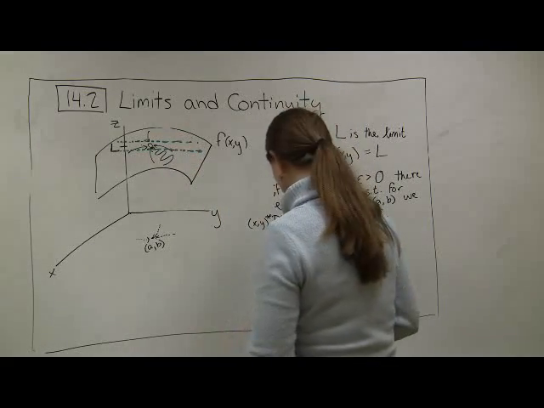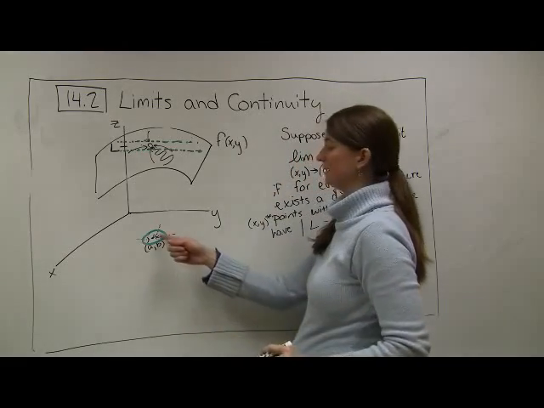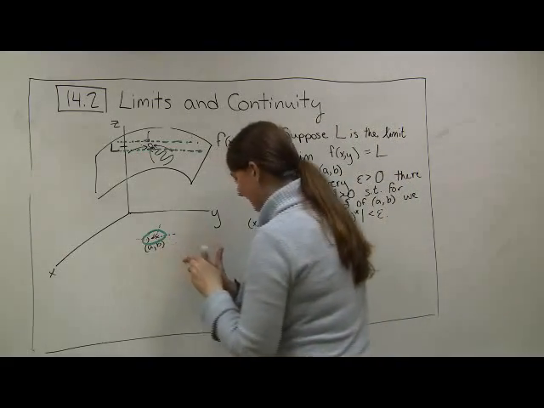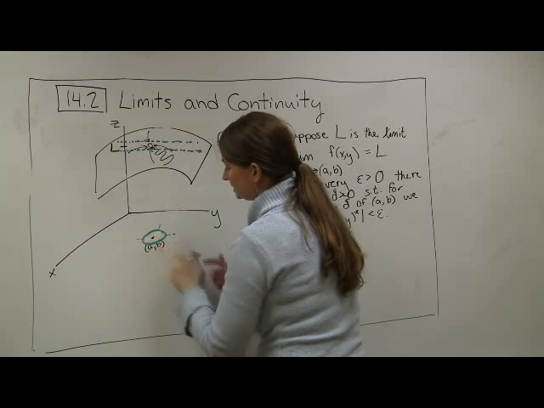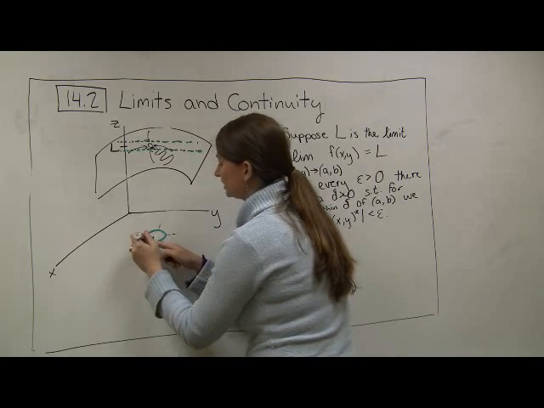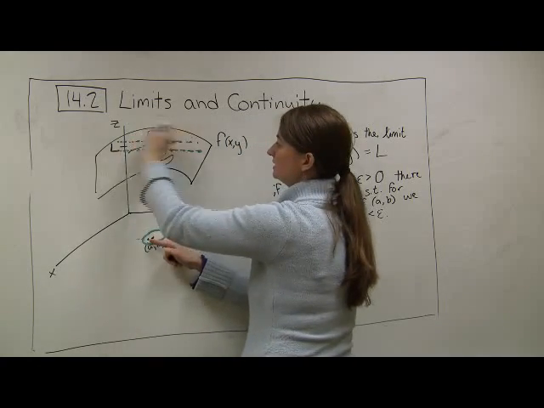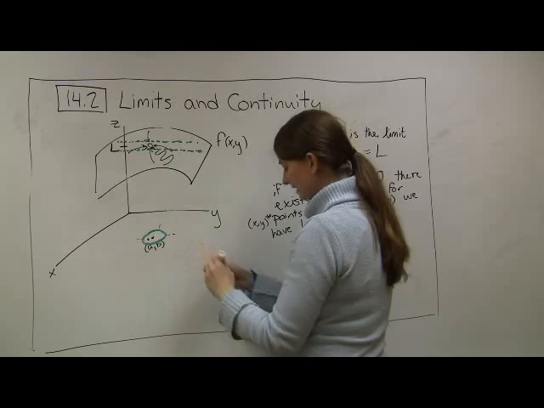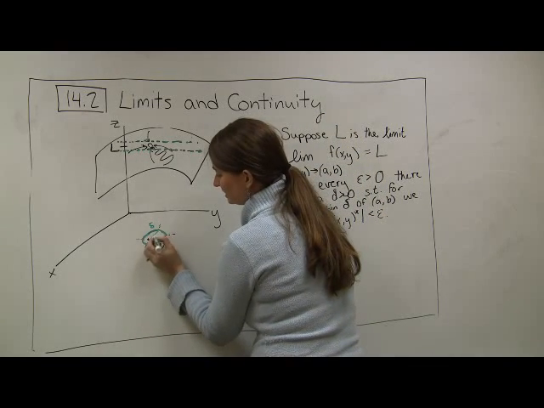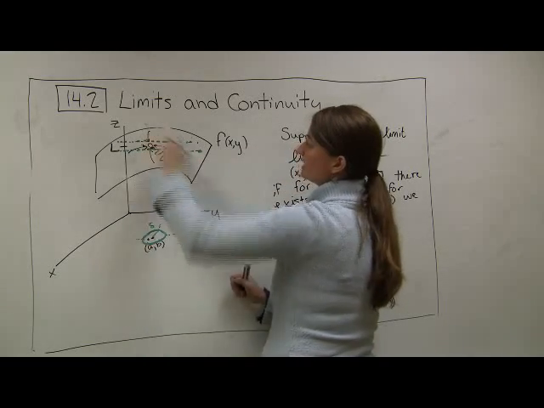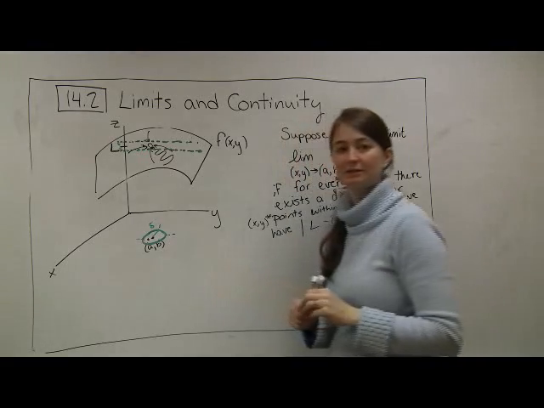So what this is saying is that I can find some neighborhood around the point AB, so that if I take any point within this neighborhood, here's a candidate point that lives within this neighborhood, and I look at the output, the functional value, the outputs are going to be within this band. So if I live within this delta neighborhood, this is a radius delta, then I'll always have outputs that are within epsilon of this limit.